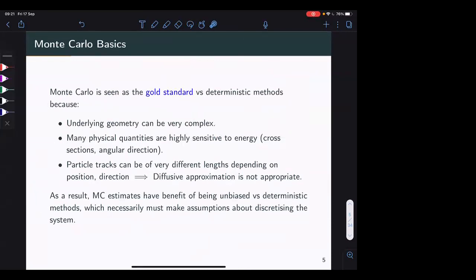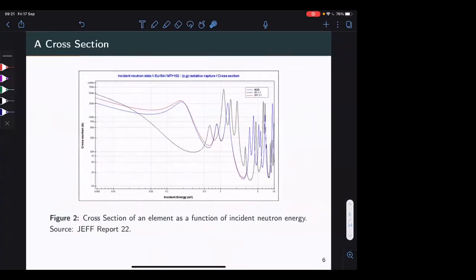When we do simulation, or if you were trying to do that by some sort of deterministic method, you would typically look to discretize all your variables, and try to discretize in a way that behaves well. Here is one element. You might have 10, 20 different elements in a reactor that you might be worried about, and they all have profiles looking something like this, but with no particular common features. If you are trying to do some cautious discretization, you'd have to look at a lot of these different cross sections.